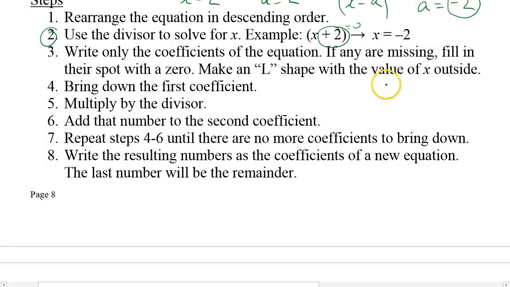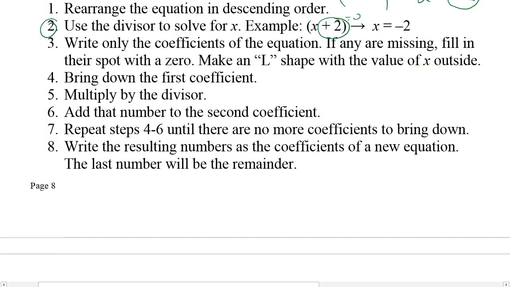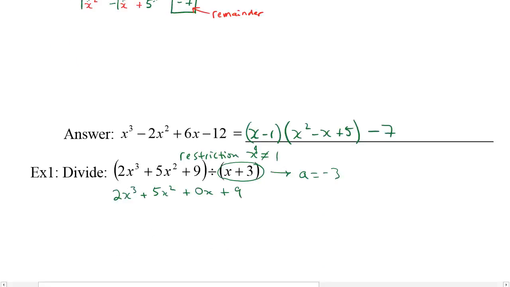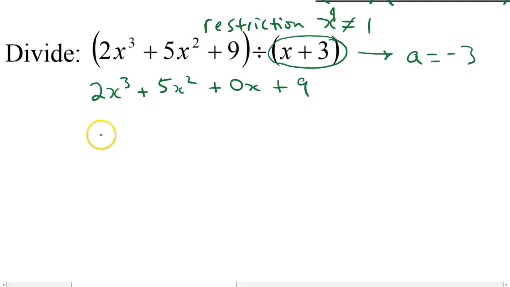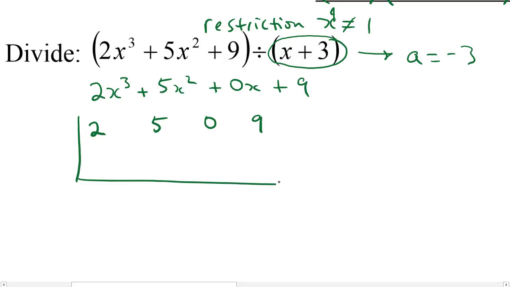Make an L shape with the value of x outside. Okay, so that's what we've done here. So we've put that 0 in there, and now I'll write it without the variables, just the coefficients. So this is just going to be 2, 5, 0, and 9. Make my L shape, and I've got an a value which is -3, and now I'm ready to start.